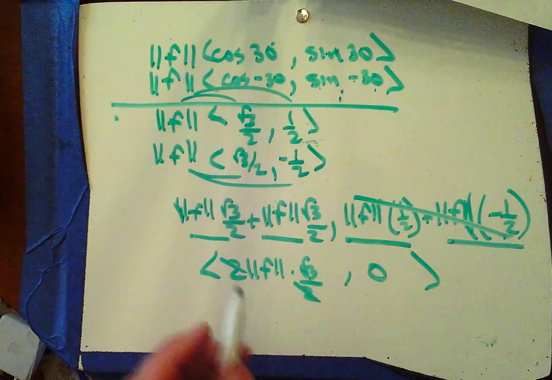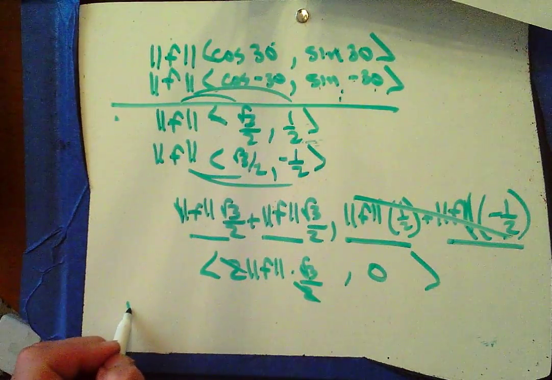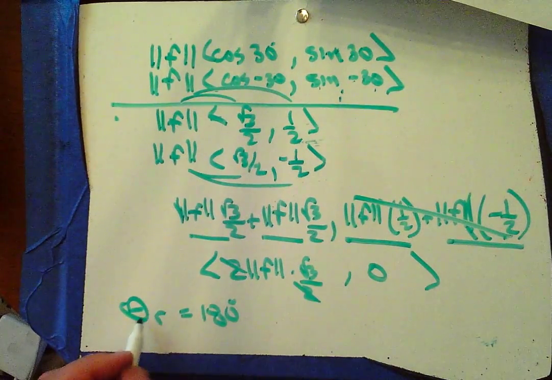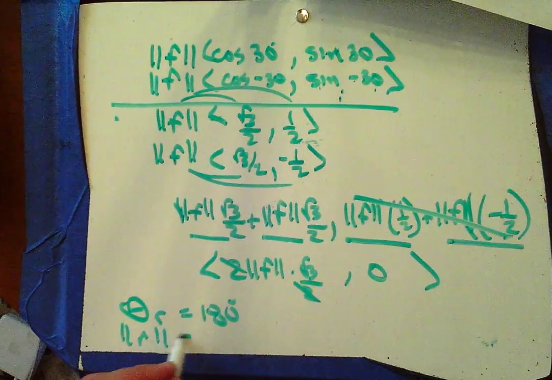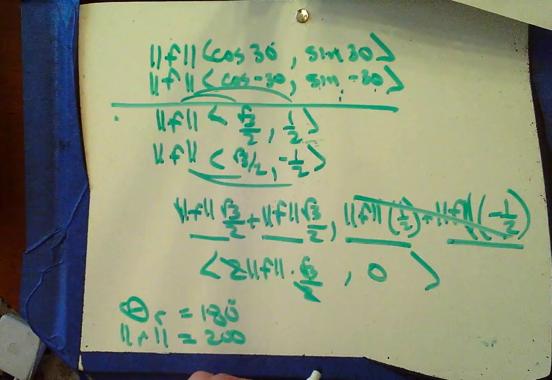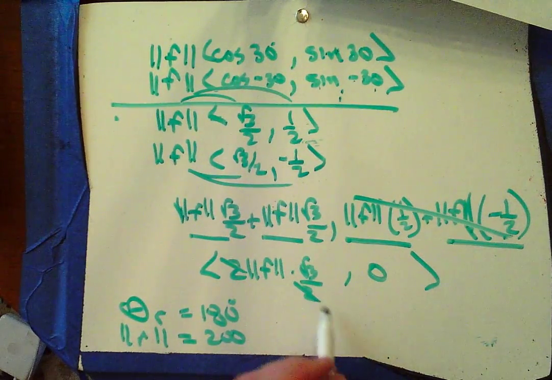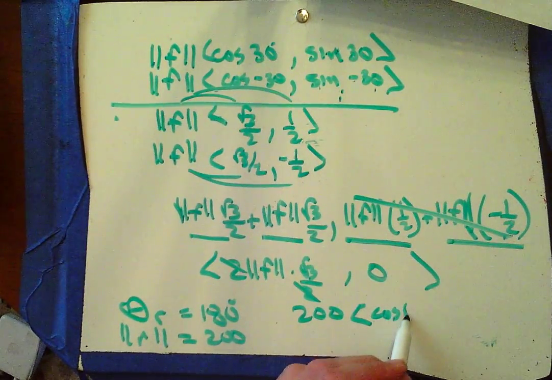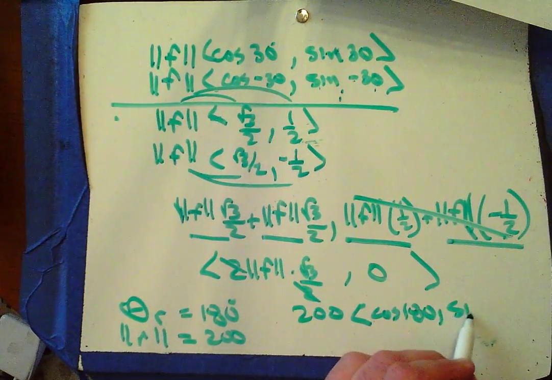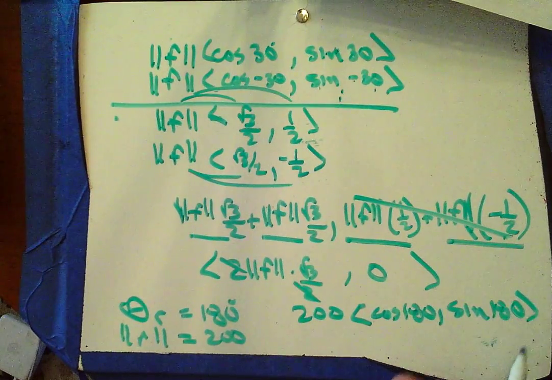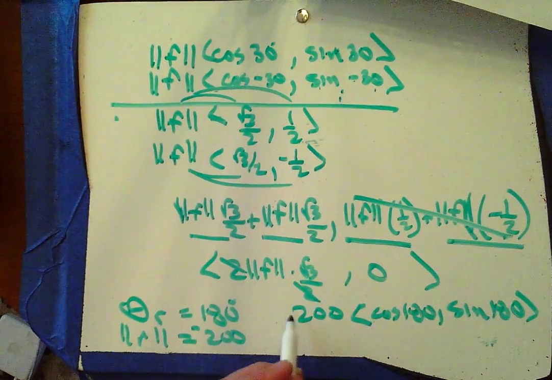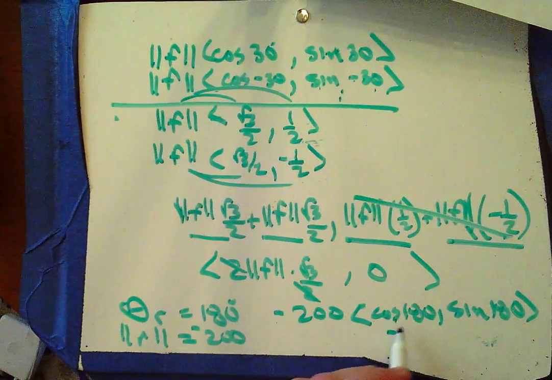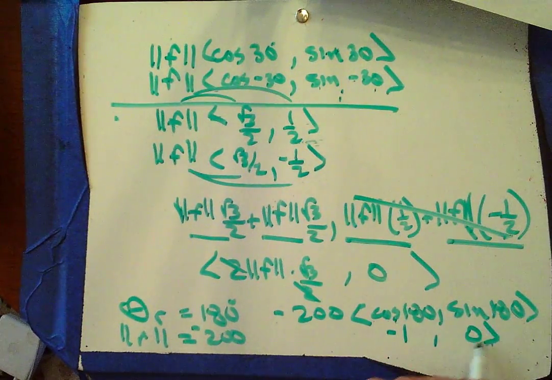But wait, we also know stuff about the resultant force. Theta R is going off at 180 degrees, and the magnitude of R is that 200 pounds. So we could write 200 cosine 180, sine 180. In fact, I want negative 200 here because I'm headed down. Cosine of 180 is negative 1, sine of 180 is 0.